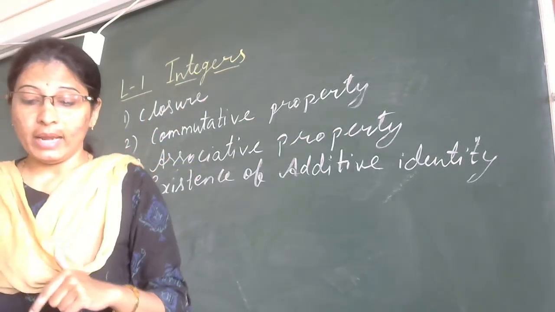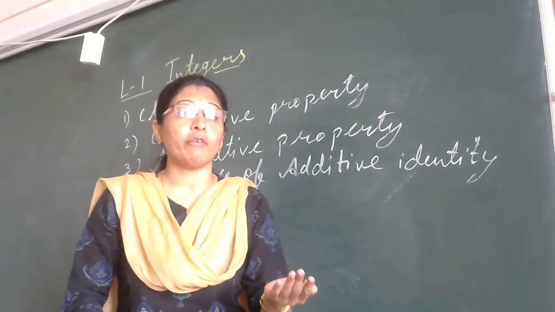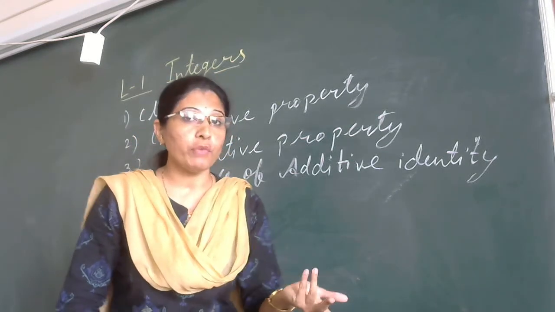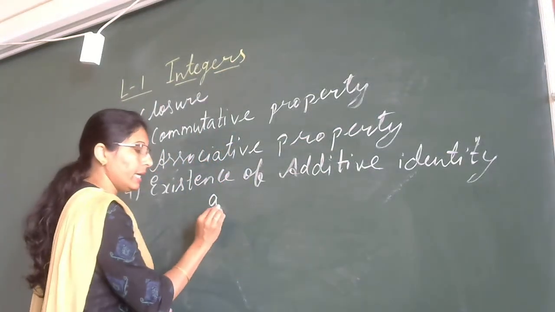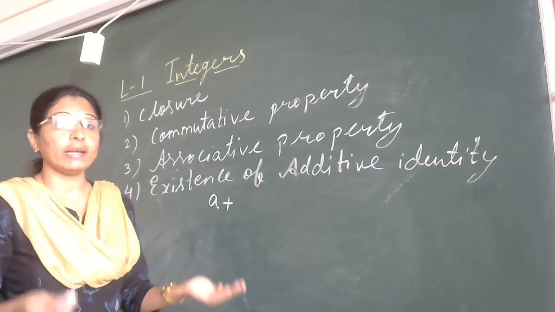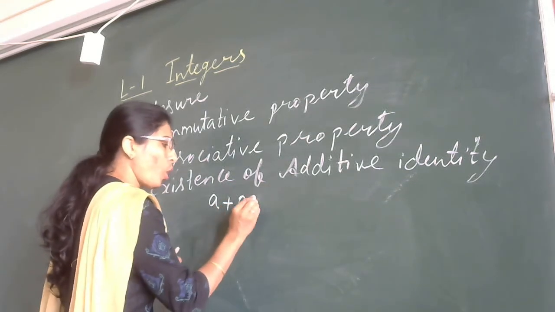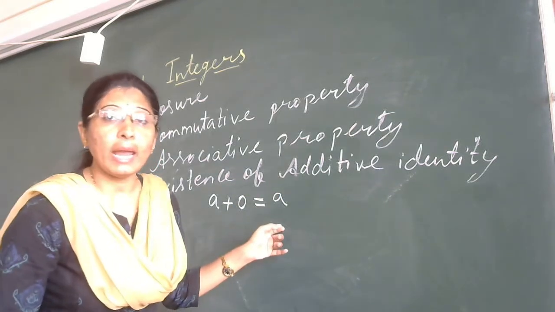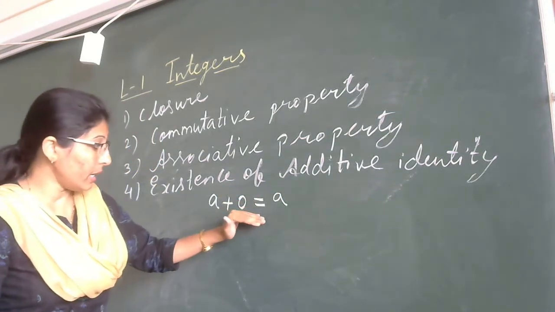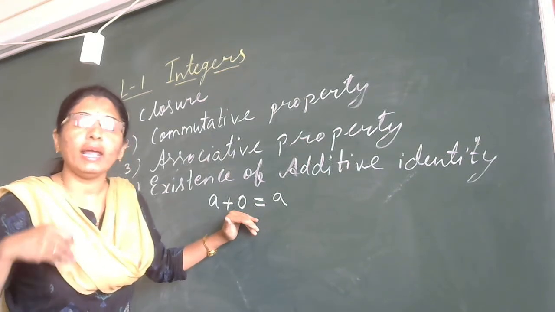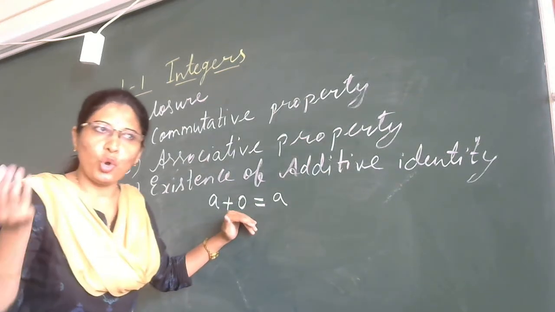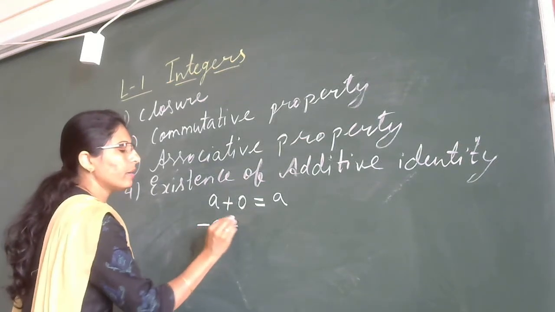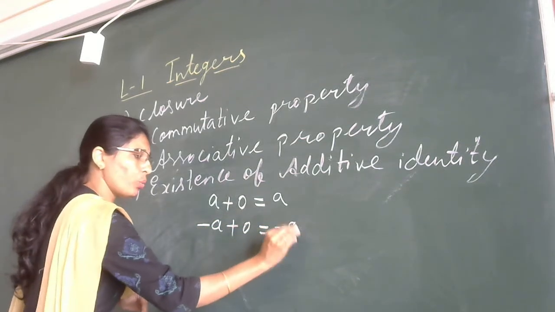In a simple way, we know that if any number is added with 0, what will we get? If a is any integer and a is added with 0, we get the same number. Similarly, if you add any integer, positive or negative, that means minus a plus 0 is minus a only.